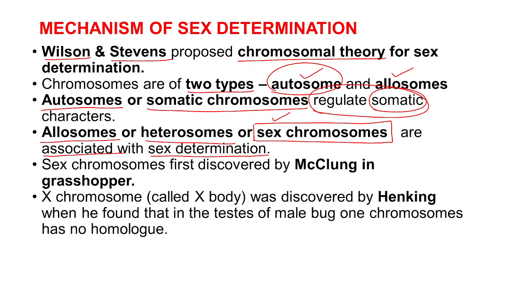Next point, see here, sex determination was first discovered by McClung in the grasshopper. The X chromosome was called the X body, because when it was observed under the microscope, it looked like a dark body, and they did not know what exactly the material was.